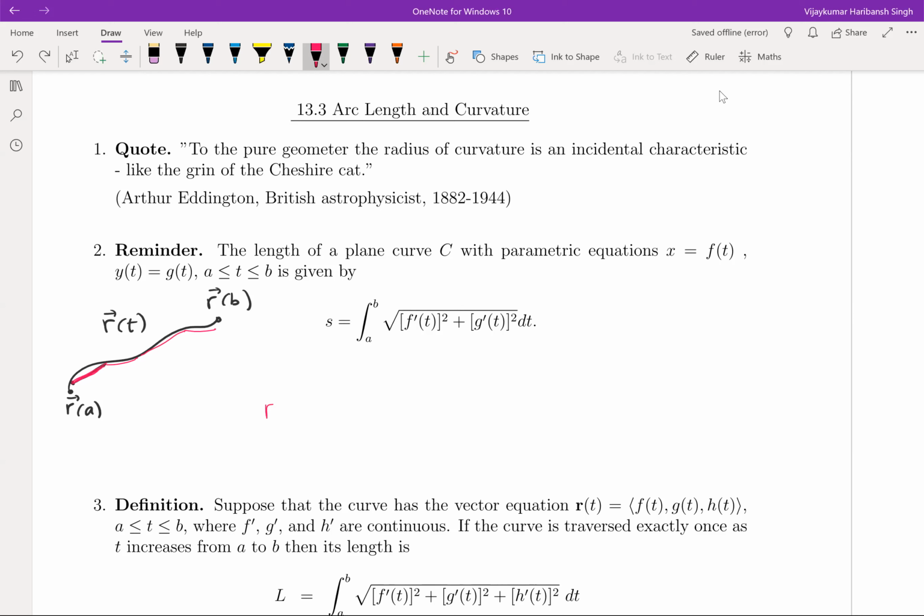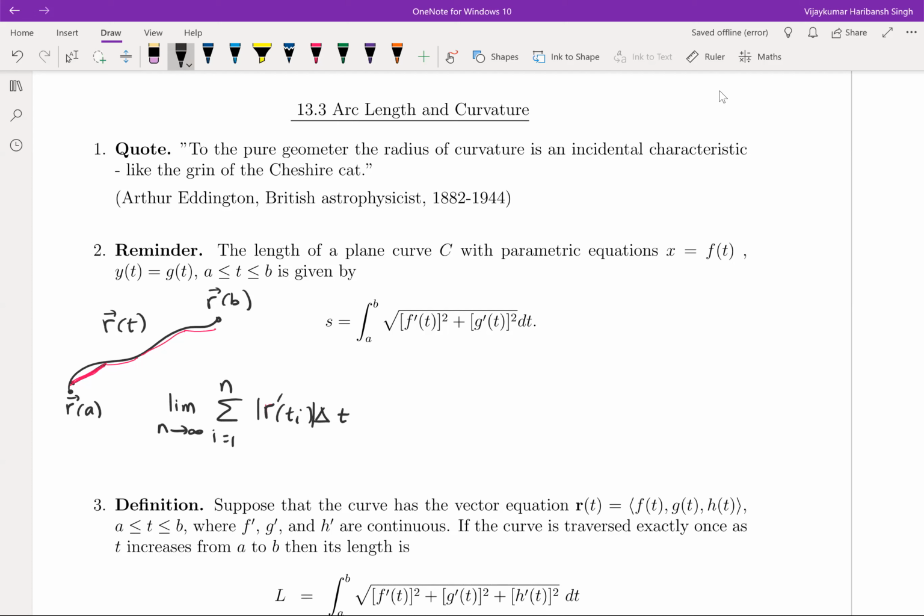So this small thing can be approximated by the length of r prime of t i times delta t, and then you take the summation i going from 1 to n, and then you take the limit as n goes to infinity to refine this thing. And this is what gives you the length of the plane curve C.